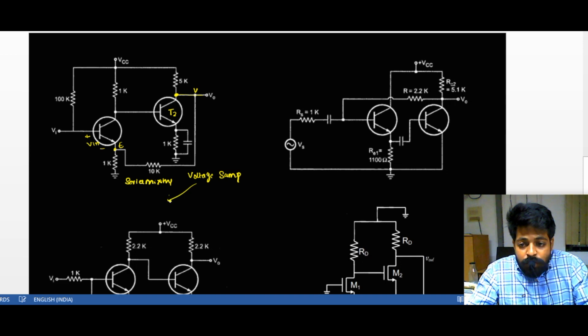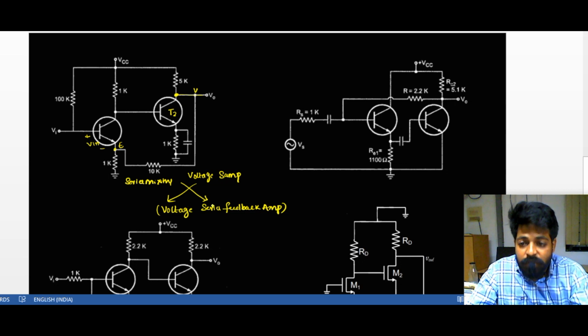So now I can put the topology type as a voltage series feedback amplifier. This is how I define the type of the amplifier topology based on the sampling type and the mixing type.